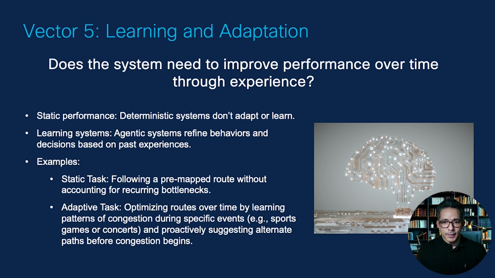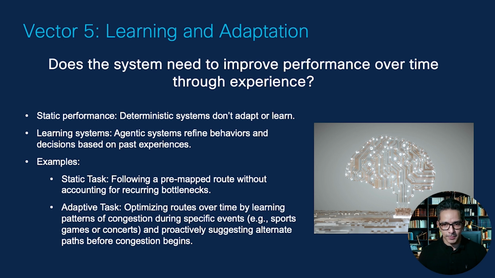And an agentic system learns from historical data. An example can be recurring traffic surges during game nights, where it can adjust future routes proactively before congestion occurs. Unlike a deterministic system, it improves performance through experience and anticipates congestion even when live traffic data is incomplete or delayed.